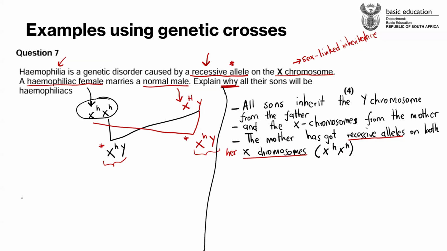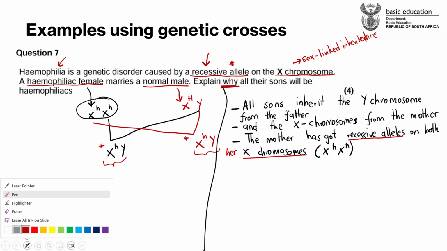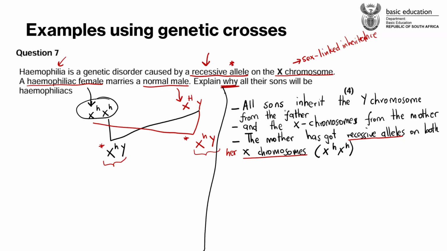And we've already said that, guys, all the sons inherit the Y chromosome from the father and the X chromosome from the mother. So automatically her sons will inherit the X chromosomes with the recessive allele.